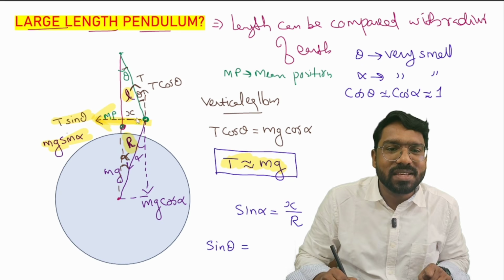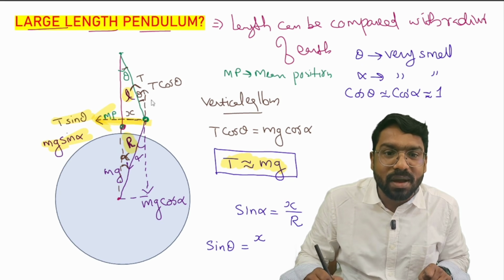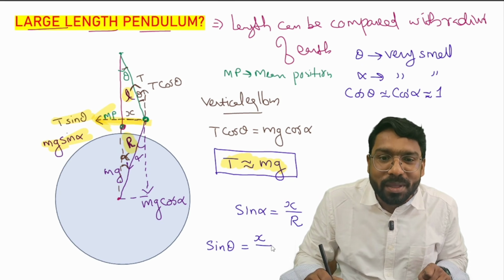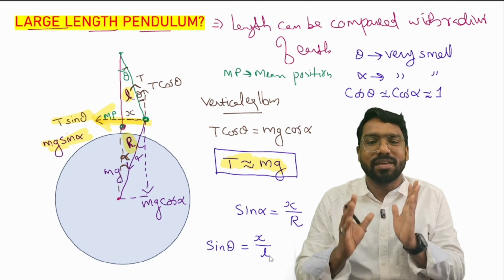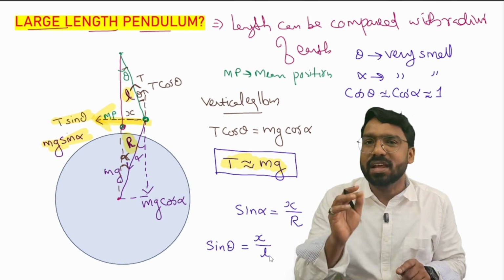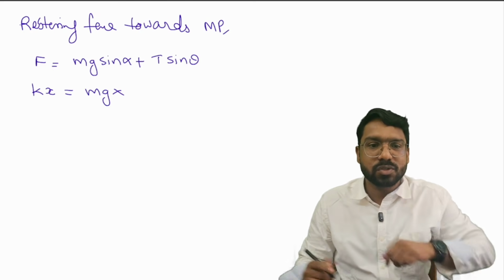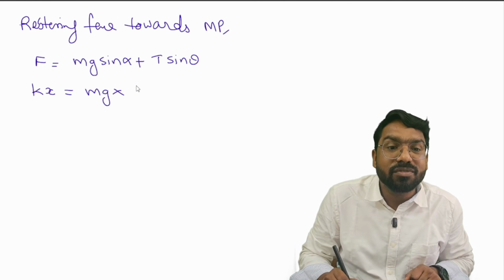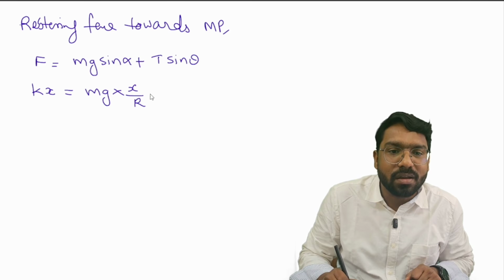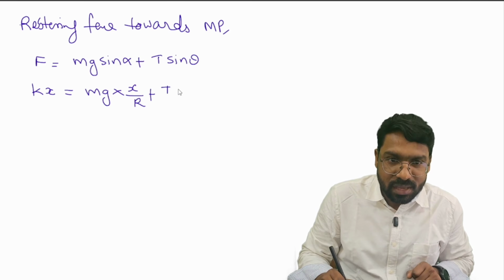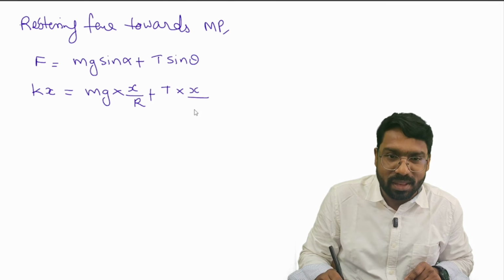Sin theta is x by L, the length of the pendulum. So sin alpha is x by r and sin theta is x by L. Substitute there.